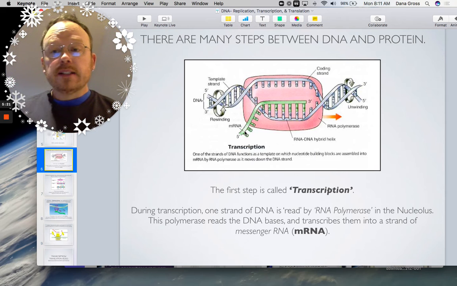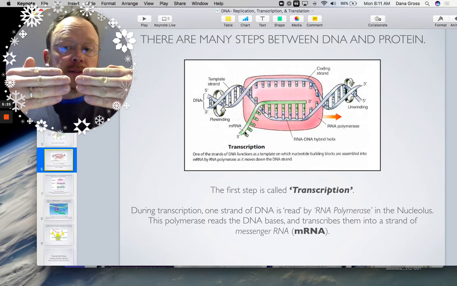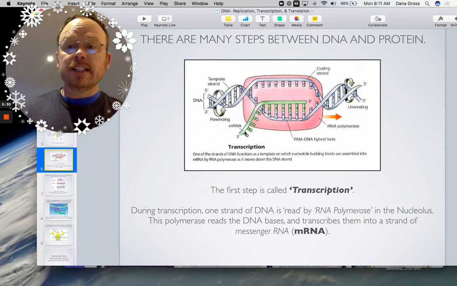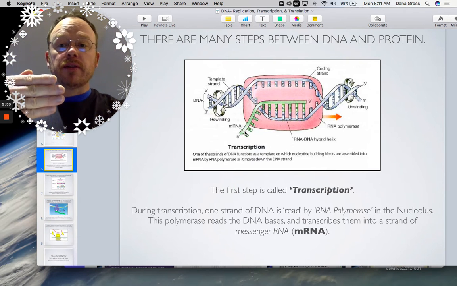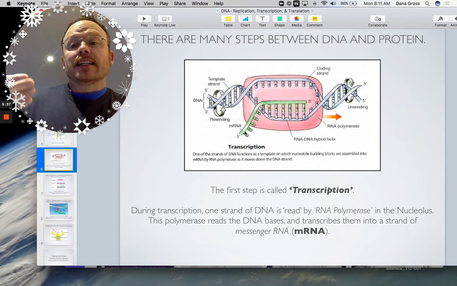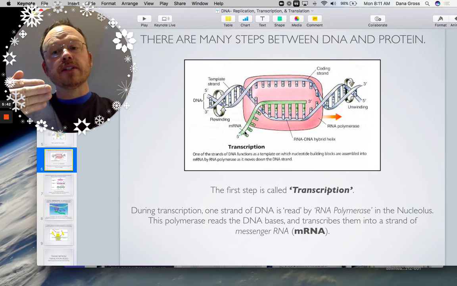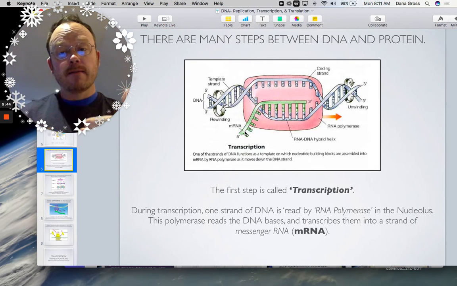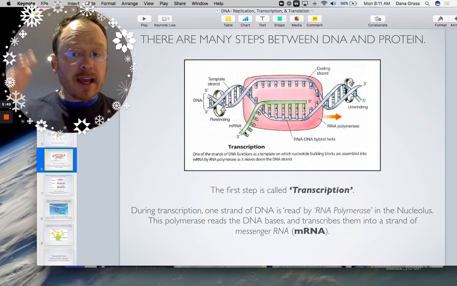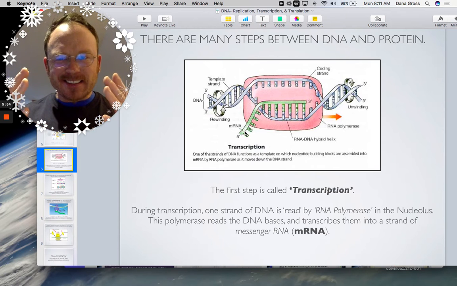Okay, so a DNA C still joins with an RNA G. A DNA G still joins with an RNA C. A DNA T, because T is allowed in DNA, a DNA T joins with an RNA A, but a DNA A joins with an RNA U. Get that straight?